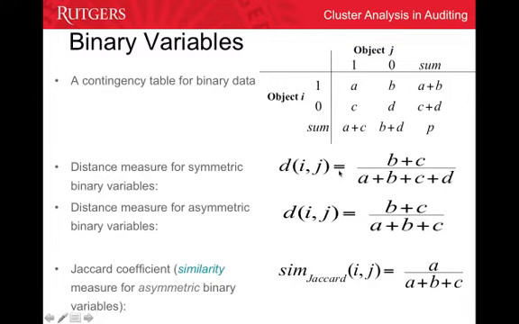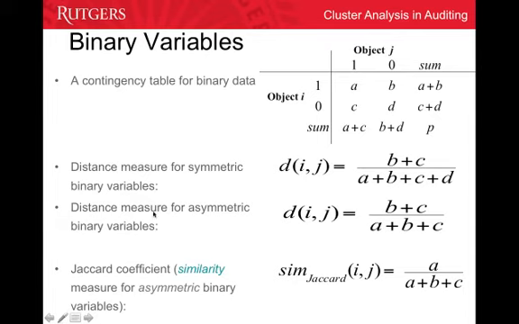First, we take the number of variables that have different values in these two objects, which is b plus c, and then we divide by the total number of variables in both of these two objects, which equals a plus b plus c plus d.